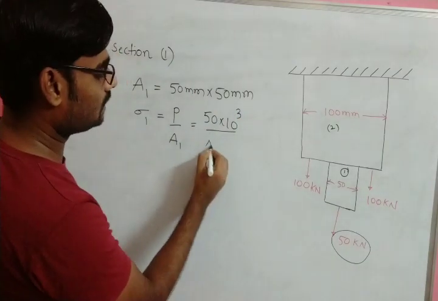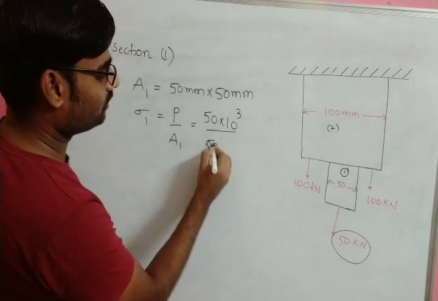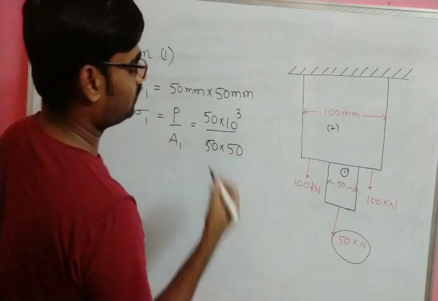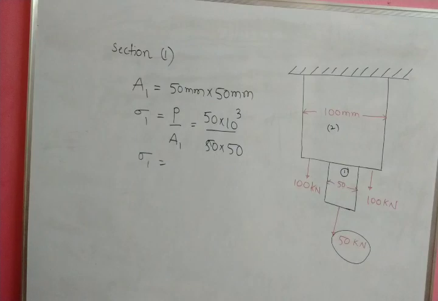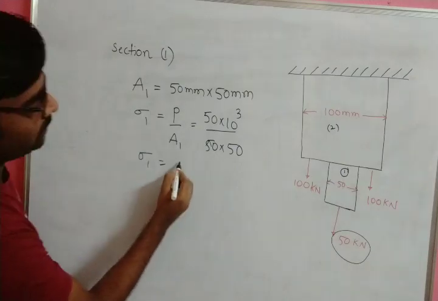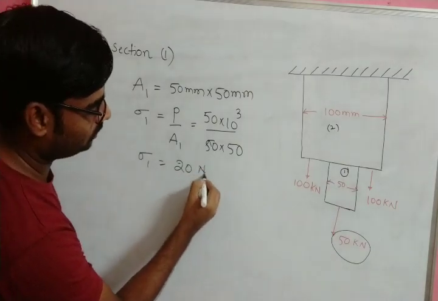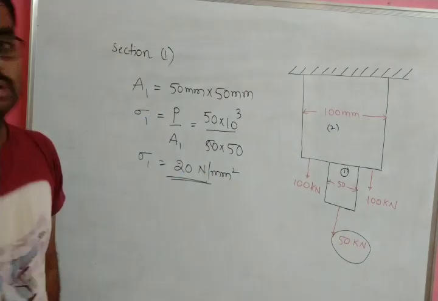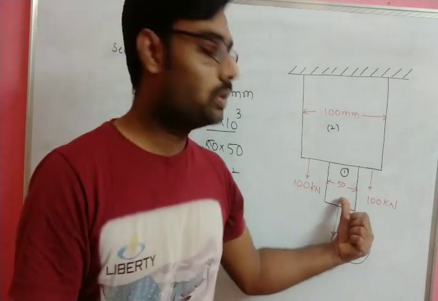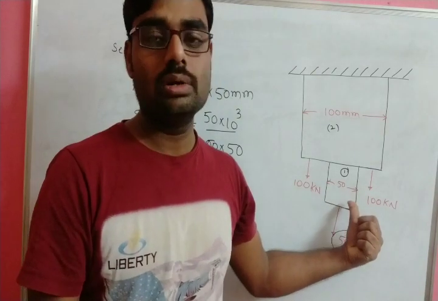Area equals 50 into 50, then sigma 1 equals 20 Newton per mm square. This is the answer for the lower bar, that means section 1.